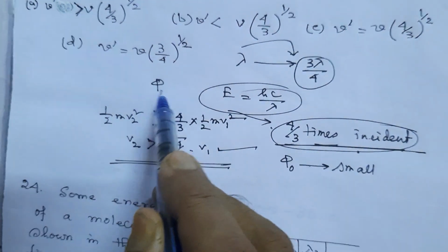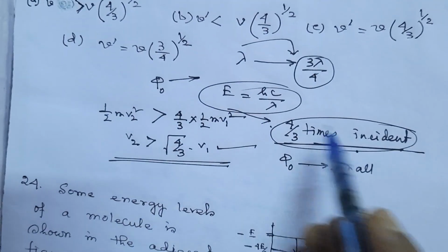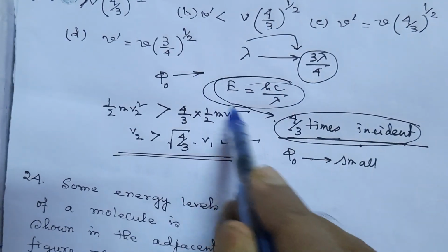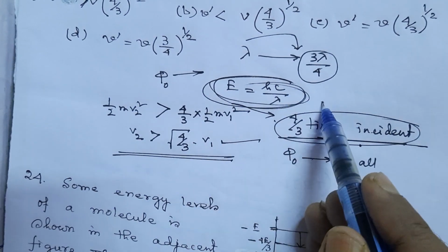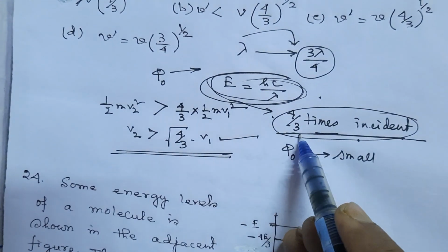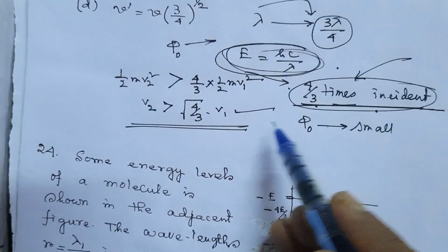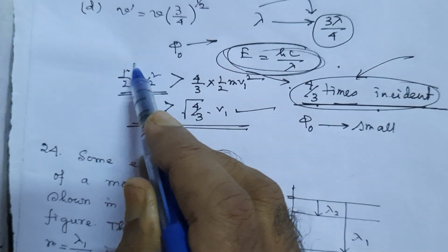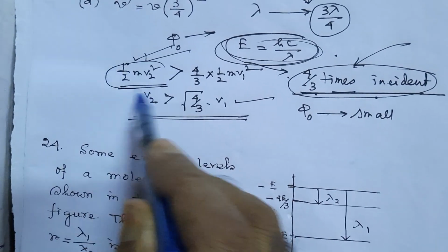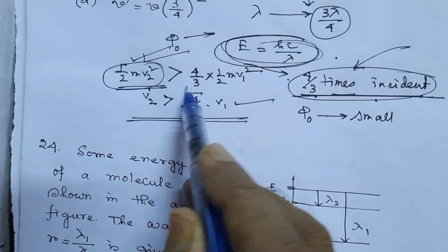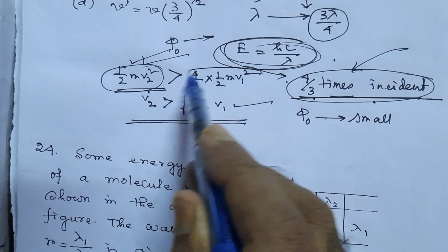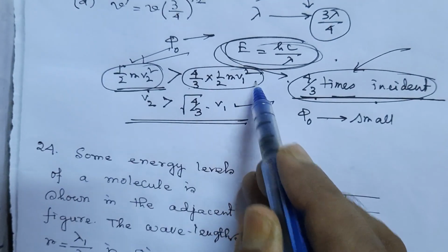So as phi 0, the work function, is unchanged, the portion shared as kinetic energy will be more than 4/3 times that of the first case. So the maximum kinetic energy of the emitted electron now is greater than 4/3 times that of the previous one, half mv1 square.